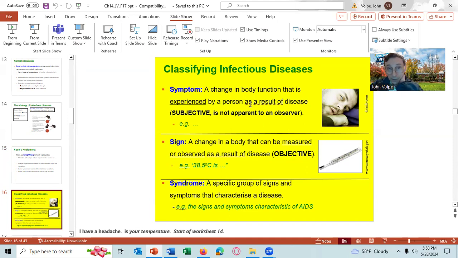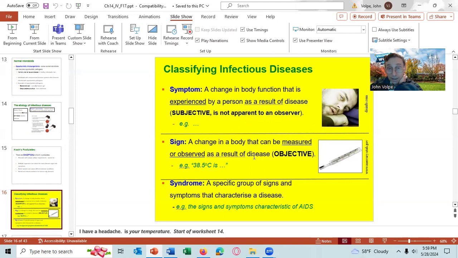Any question about the difference between a symptom and a sign? Now you'll learn that in the clinic, as well as in general usage, the terms symptom and sign are used interchangeably. But a symptom really is only a change that is subjective and cannot be verified by anybody.